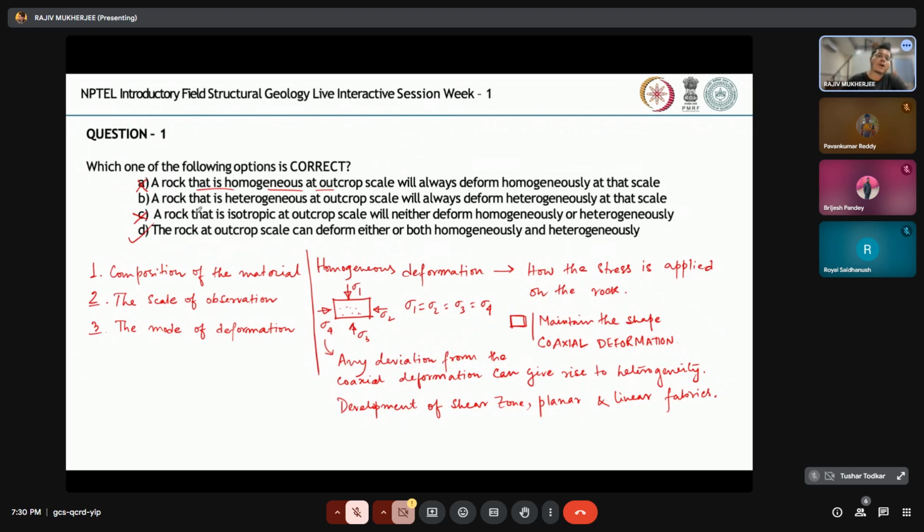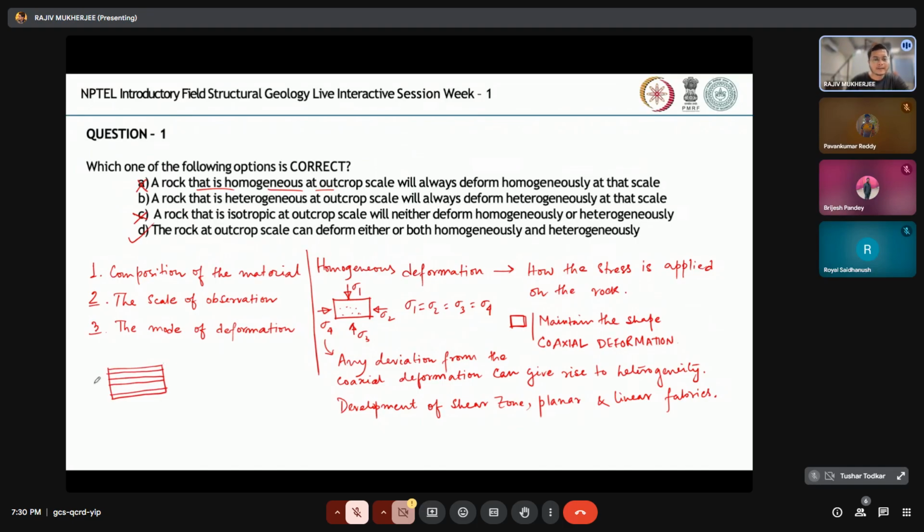Now talking about option B, a rock that is heterogeneous at outcrop scale will always deform heterogeneously at the same scale. That is also an invalid option. Say for example, I have a rock that is layered. There are some layerings, right?